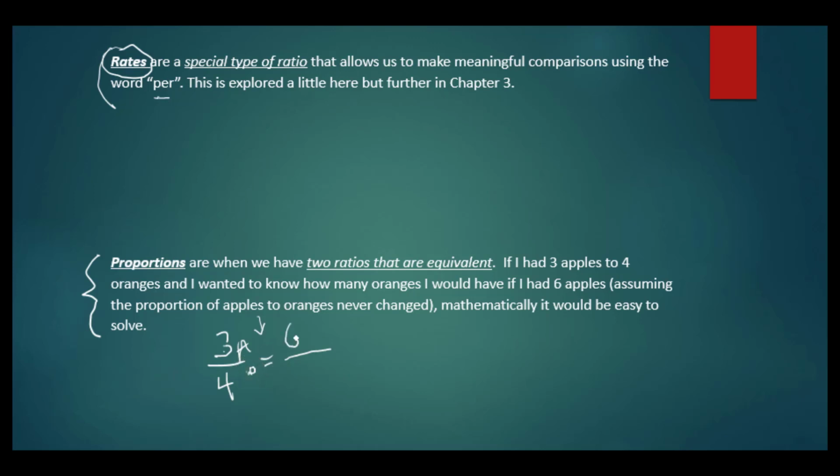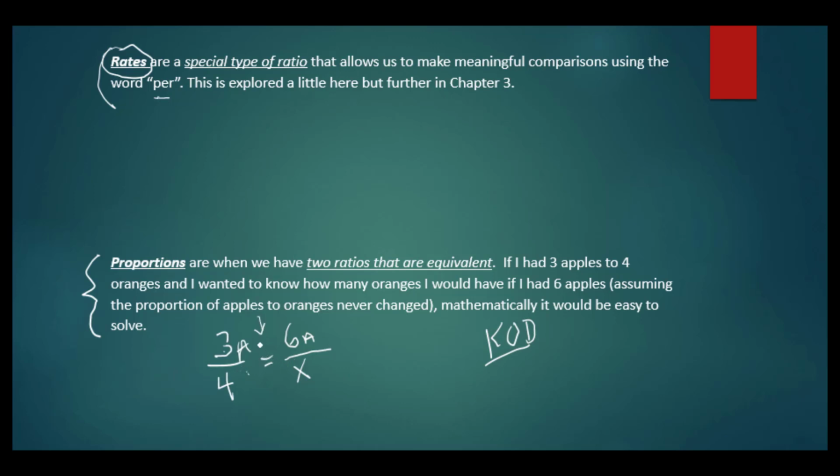The 6 goes on top because it's apples to oranges, apples to oranges. If you flip this, it's a complete disaster. I call it KOD, the kiss of death.